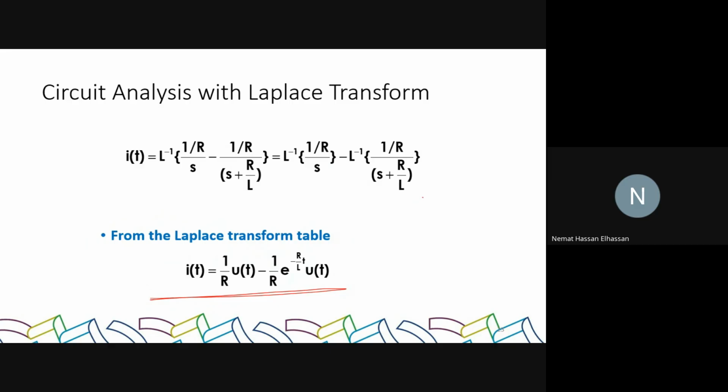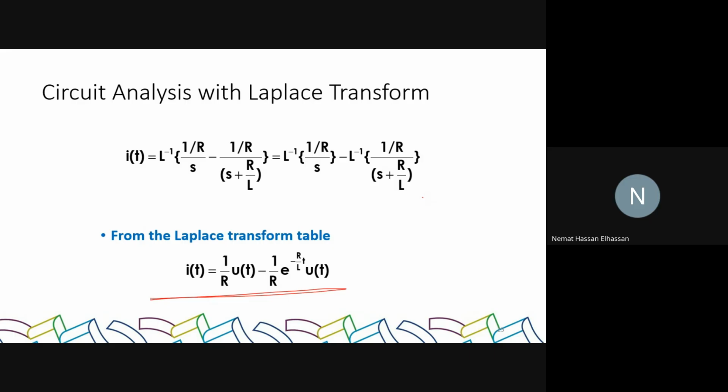Okay, now if you look at this circuit and you're asked to plot i of t, what would it look like? Try to plot it. I will show you in a moment.